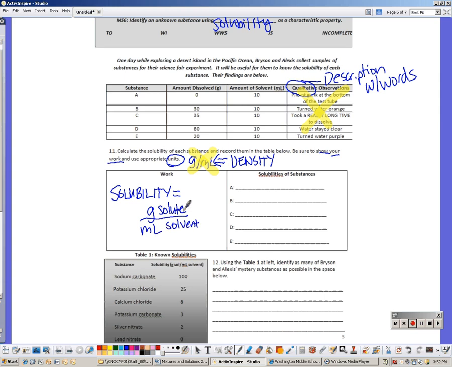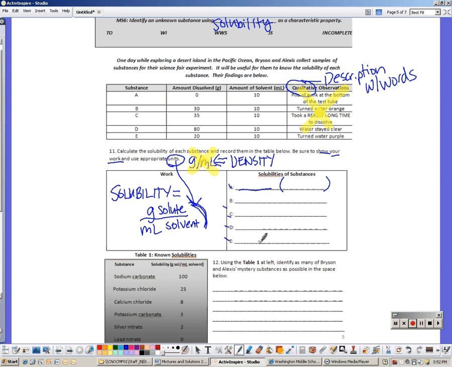So what you need to do for each of these questions, A, B, C, D, and E, is take the amount dissolved, divide it by the amount of solvent, and that gives you your overall solubility. And the units for solubility are a little bit long to write, but it's just this right here. So the units are grams of solute per milliliter of solvent, and that's what should be written after each answer over here.